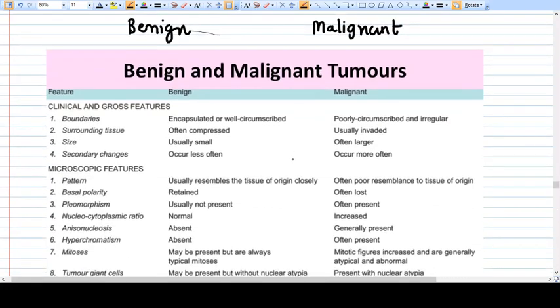So now let's discuss the very old difference between benign and malignant tumors. The benign tumors are encapsulated and well circumscribed, while the malignant tumors are poorly circumscribed and irregular. The benign neoplasia compresses the surrounding tissue. It just compresses, it does not invade, while the malignant cells invade the tissue.